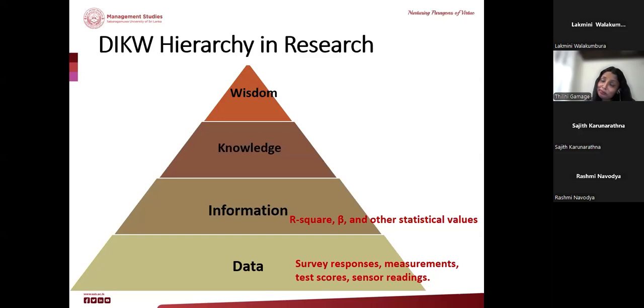So these are information. Based on information, you can make decisions. I'm sure by now you may have already discussed it. Based on the data, you determine whether your hypothesis will be accepted or rejected if it is a quantitative study.